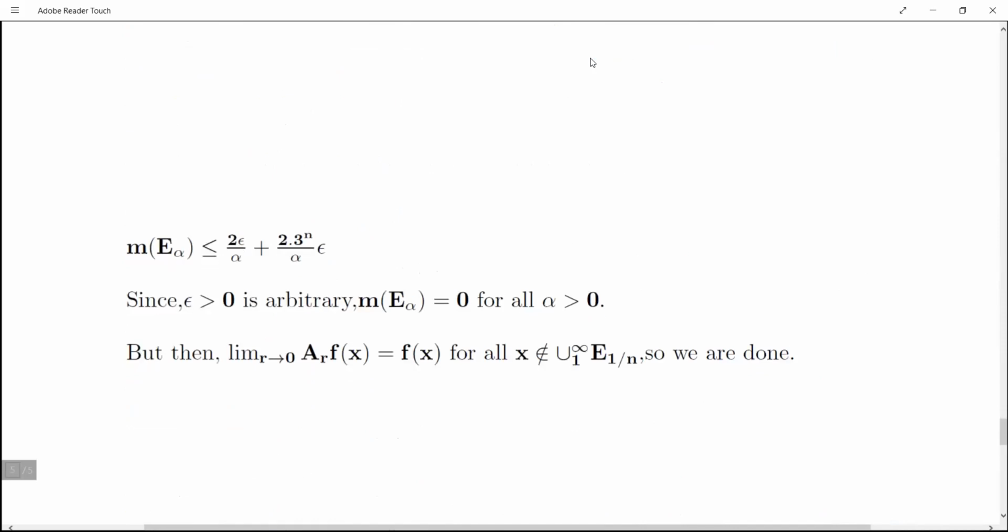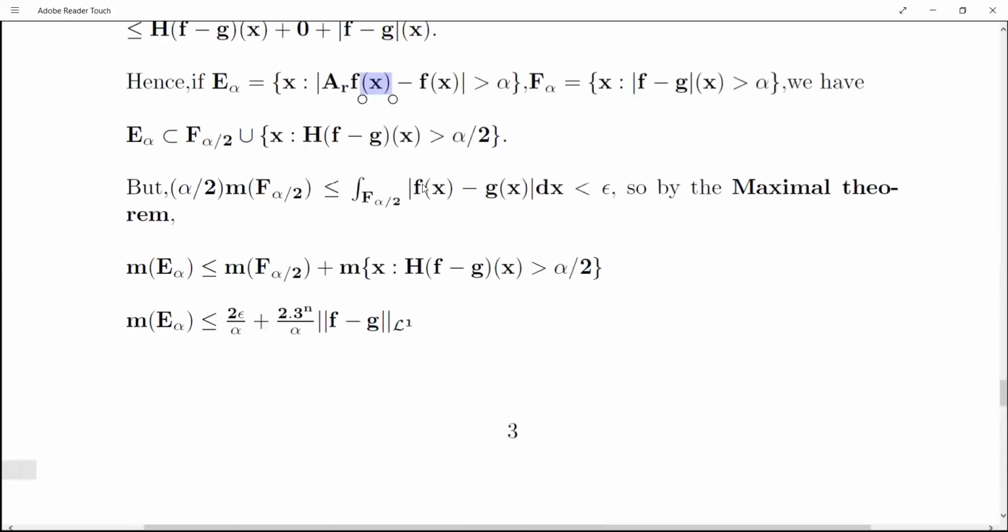And that means the limit as r tends to 0 of ARF will be exactly equal to f of x. So that is what we wanted to show. So for locally integrable functions, if you look at the average value of f around a ball of radius r, and then you take the limit as r goes to 0, that will be exactly equal to the value of f at the center for almost every x.